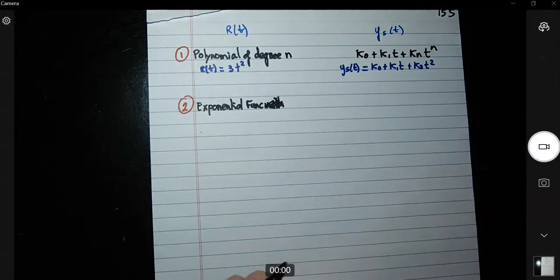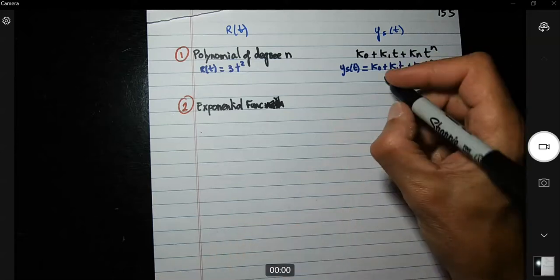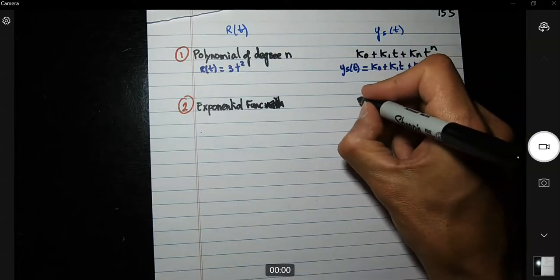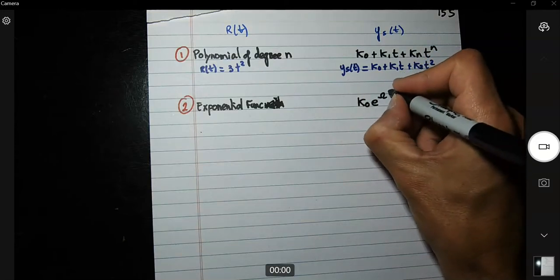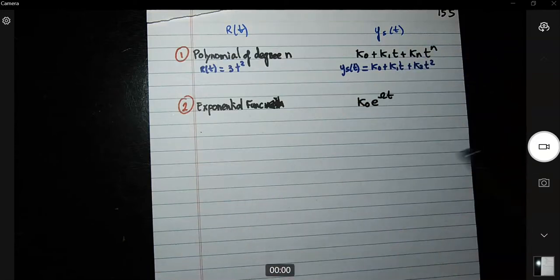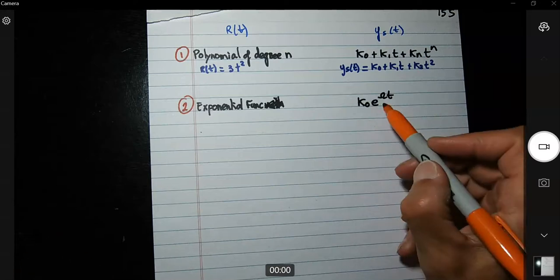The solution will be k naught e to the capital omega t, where capital omega is what is known as the forcing frequency.